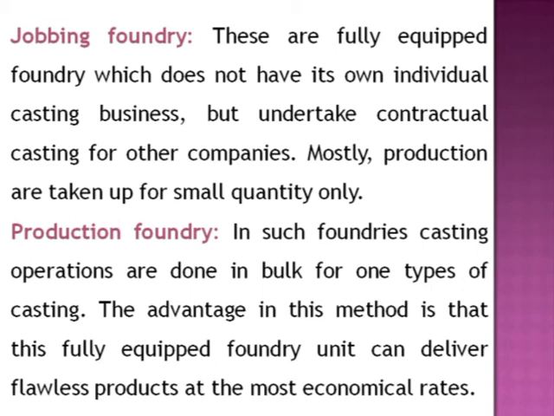So it is easy to produce. But if you have an individual part, you need to change your drawing, your process flow, your mold and all the equipment. So it may be costly. So the production foundry is used when bulk production is carried out. Okay, so this is the part.